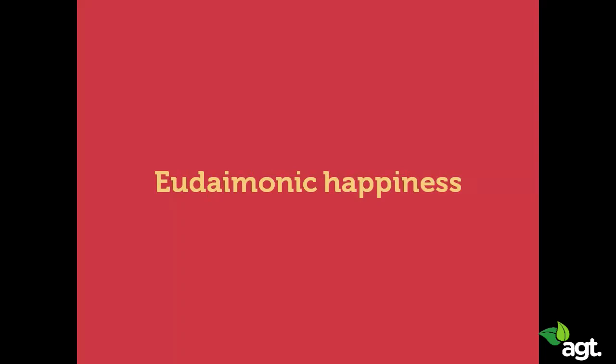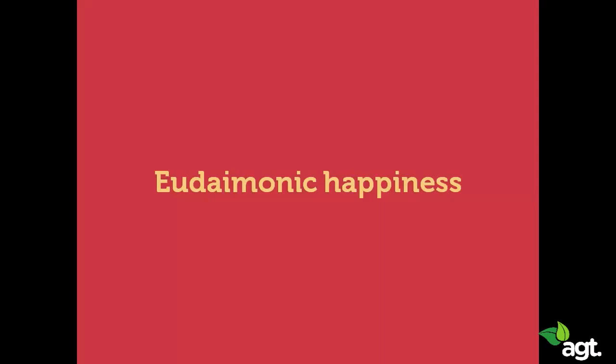It is a concept that is as old as human philosophy and taken from the ancient Greeks. Eudaimonic happiness means the actualization of our human potential, not simply experiencing good feelings. True happiness is living in accordance with one's true nature.